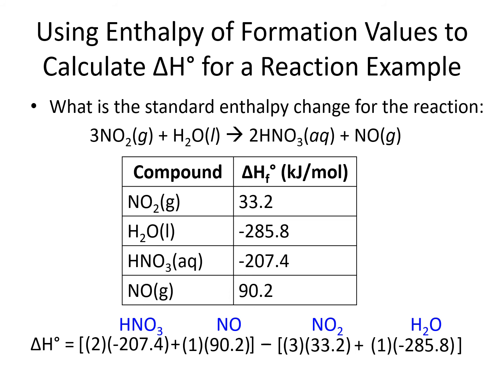So again, we're doing products minus the reactants. Things on the right side minus the things on the left side. And when we do this, we can do it all in our calculator all at once, as long as we are very, very careful about parentheses. So we come out with a negative 138.4 kilojoules per mole.